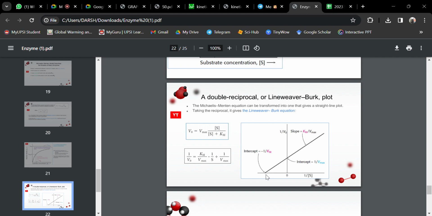Let's say the point you find is minus 4. So what is Km? What would the Km value be? There is no negative, right? There will be no negative because it is already negative.